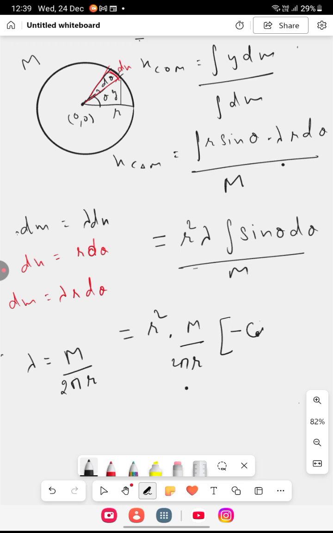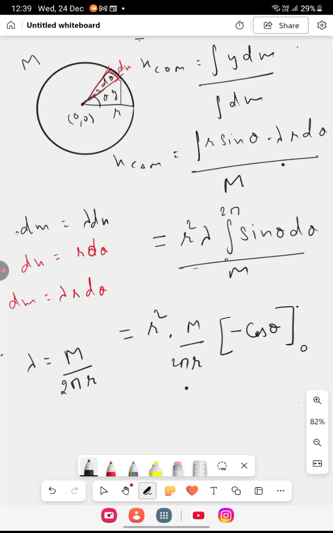minus cos theta. Integral of sin theta is minus cos theta, and the limits are from 0 to 2 pi. As we start from here, we move and reach here again. We have covered an angle of 2 pi, so our limit will be 0 to 2 pi.